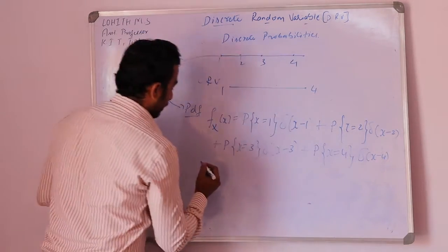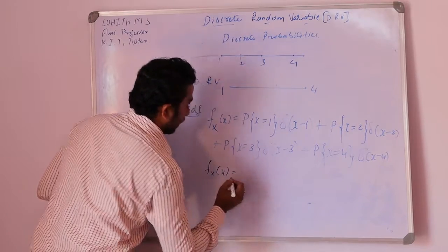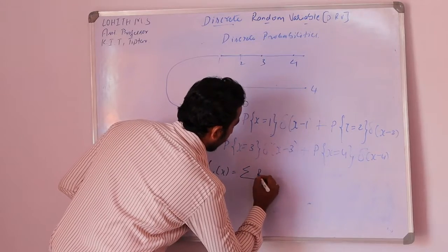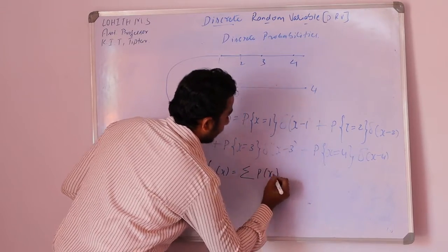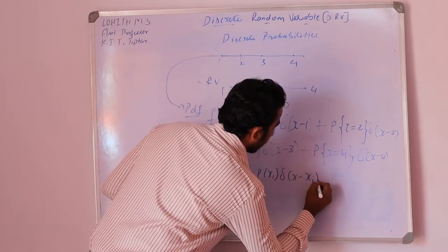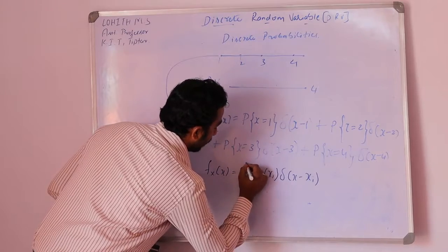So I can write this as f(x) of x is equal to the sum of P of xi delta of x minus xi, i equal to 1 to n.